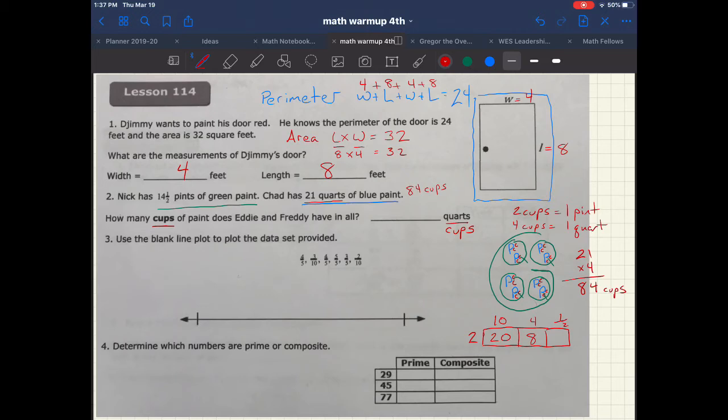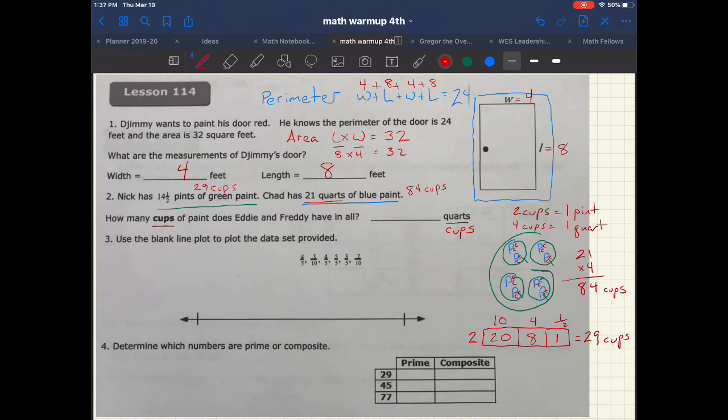And 2 times a half, that's 2 halves, and 2 halves go together to make 1. So altogether, 2 times 14.5 equals 29. So 14.5 pints equals 29 cups.